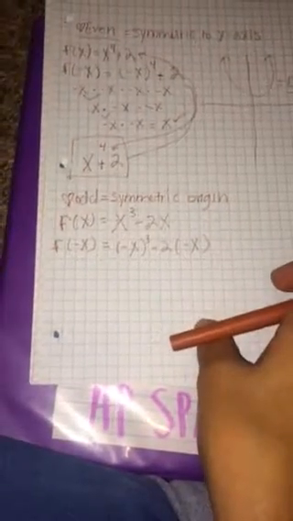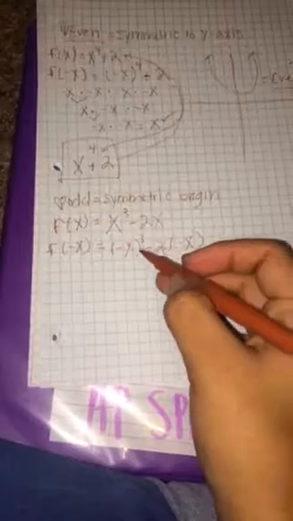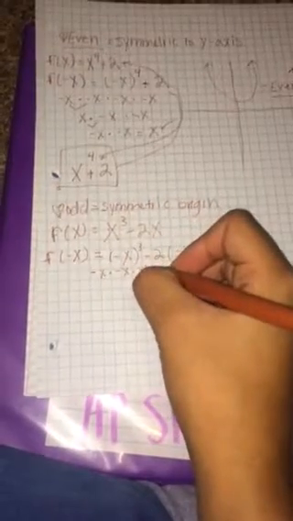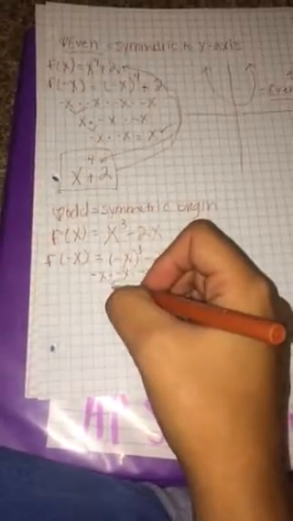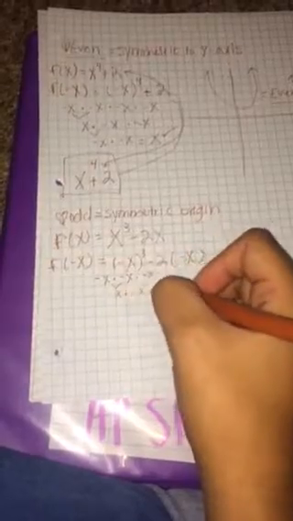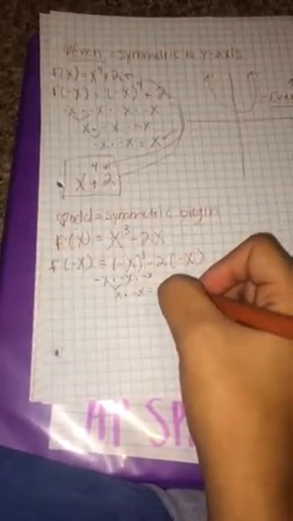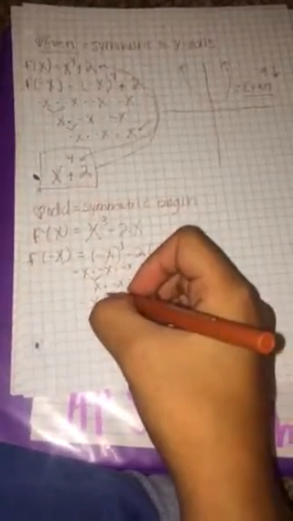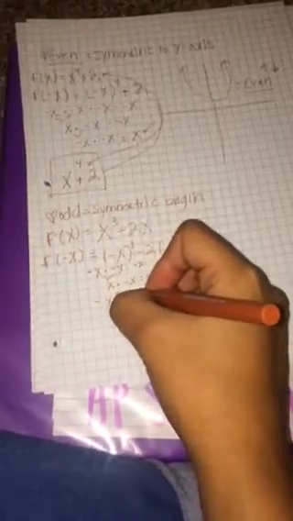Once we have this, we solve for it. Negative x times negative x times negative x: negative times negative is positive x squared, but times the negative x, that equals negative x cubed, plus 2x, because negative and negative is positive.